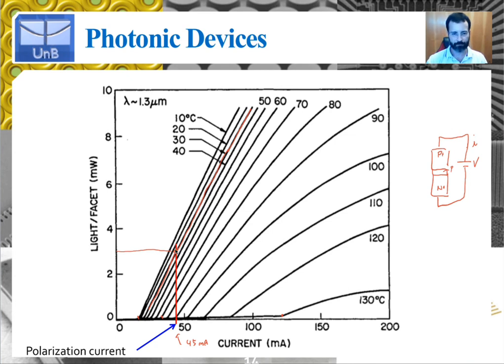So you see that it's very dependent on the temperature, right? And depending on the polarization point, the current, as you change the temperature, you could even go below threshold, and the laser would stop emitting light altogether, right? Or would only emit light like an LED. In other words, would emit non-coherent light with a power that's much smaller.